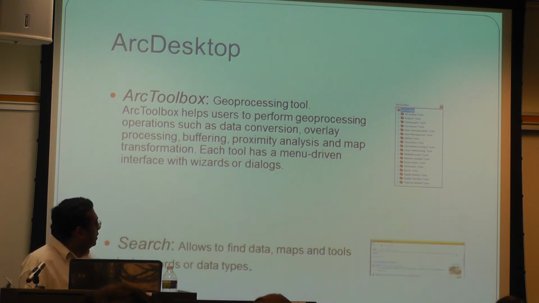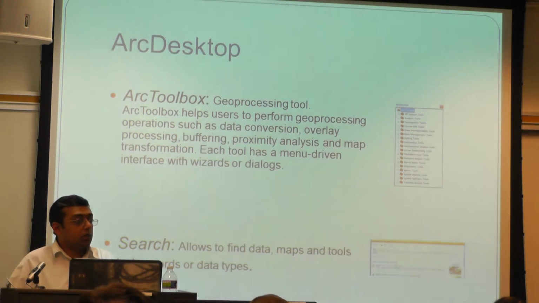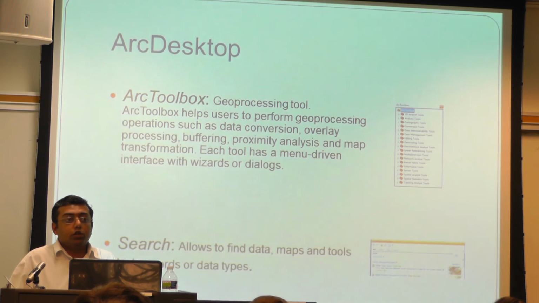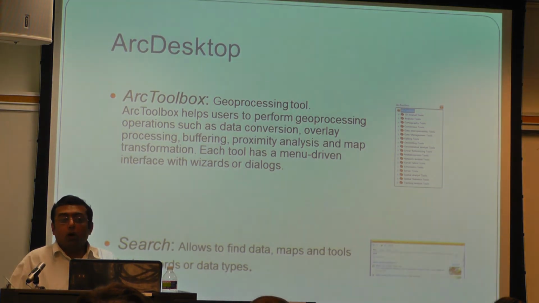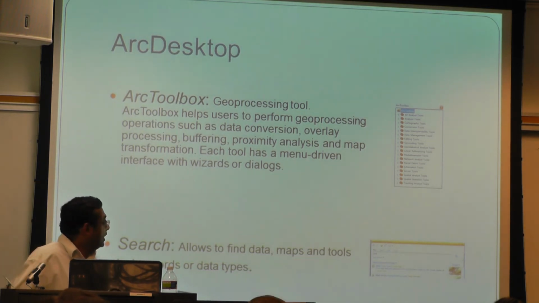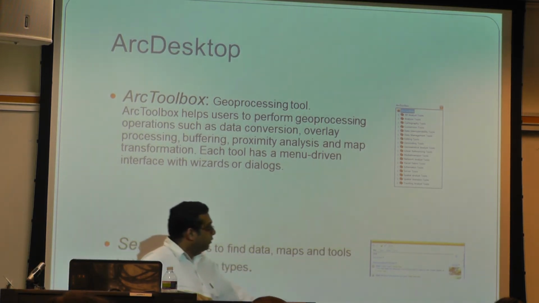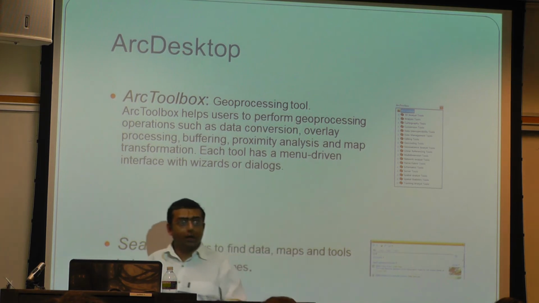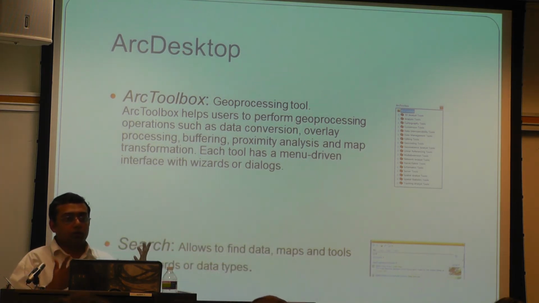And lastly, there's a search component to ArcGIS Desktop. What does search do? It lets you search for maps. It lets you search repositories from all over the world to look for maps, and it'll let you drag and drop the map directly from the search window into ArcMap for you to use.